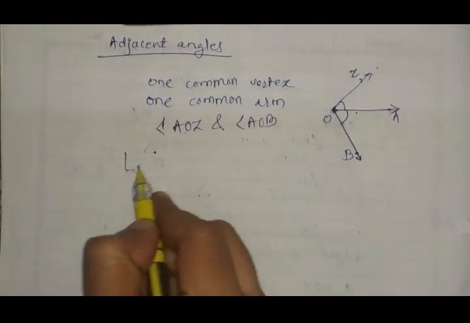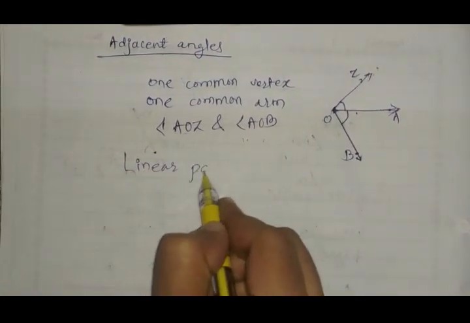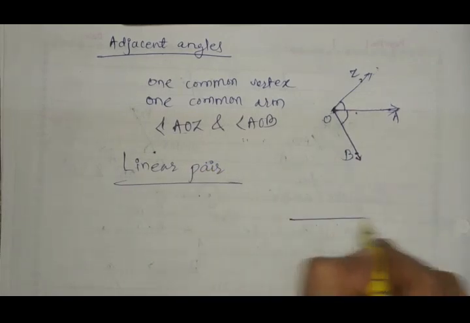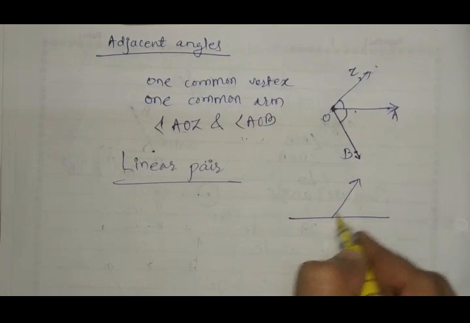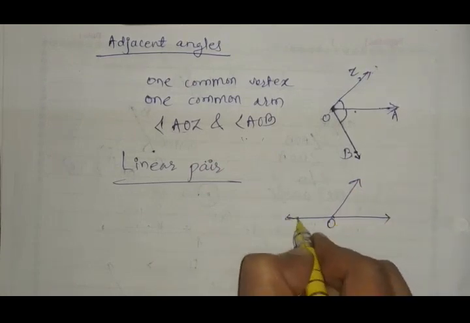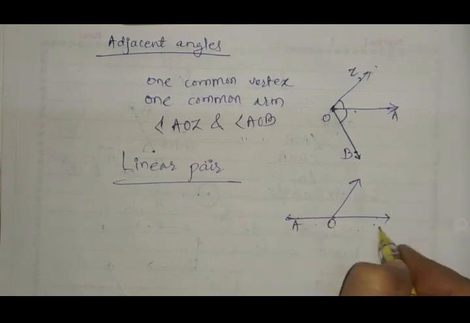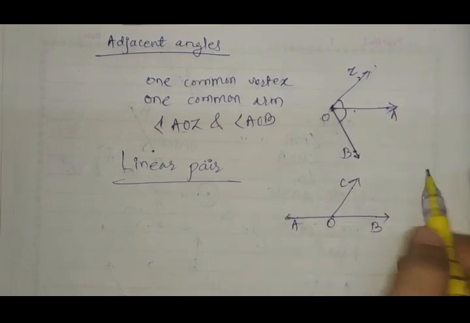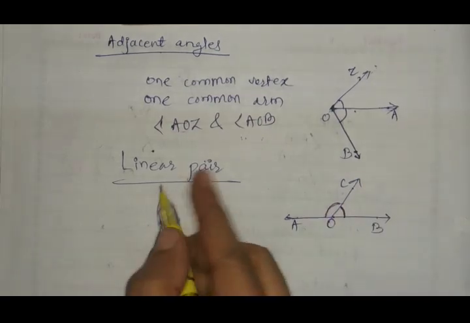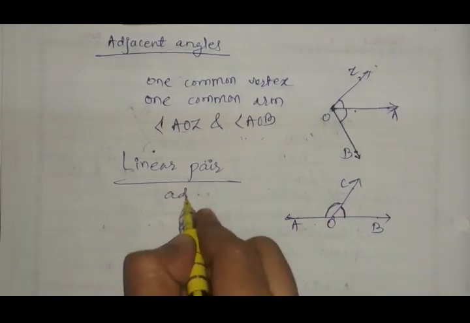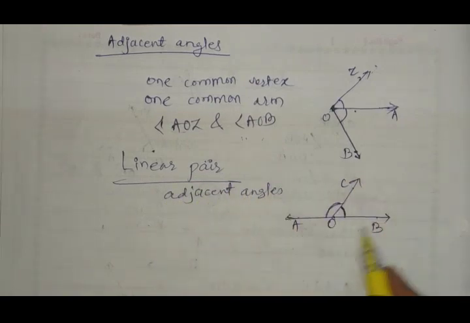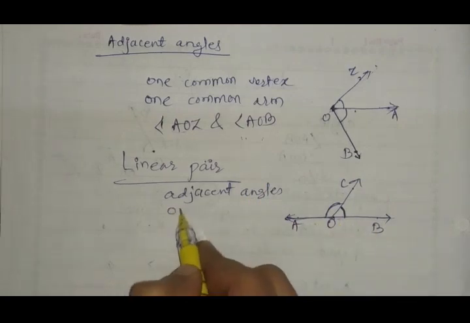Now next we have a linear pair. What is a linear pair? A linear pair is again an adjacent angle. Suppose this is a common vertex O, this is a ray OA, this is B, and this is C. Here one angle is forming, and here also one angle is forming. These are adjacent. For a linear pair, the angles should be adjacent angles and their non-common arms are opposite rays.